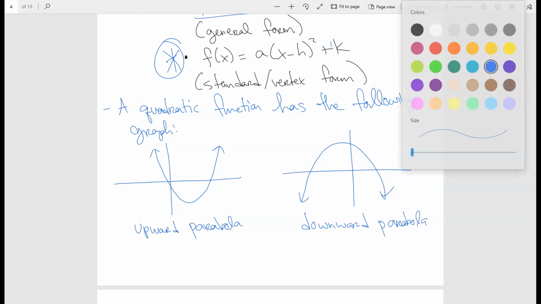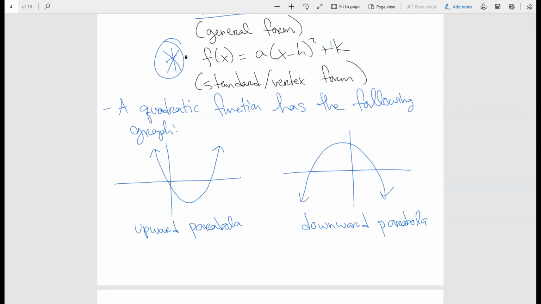Now, there's a couple of things that we want to address with the parabola. This lowest point is what we call the vertex. And here what we have is a minimum, the lowest value of the quadratic function. So if this is a minimum, on this other guy, this is still a vertex, but it's a maximum. Okay.